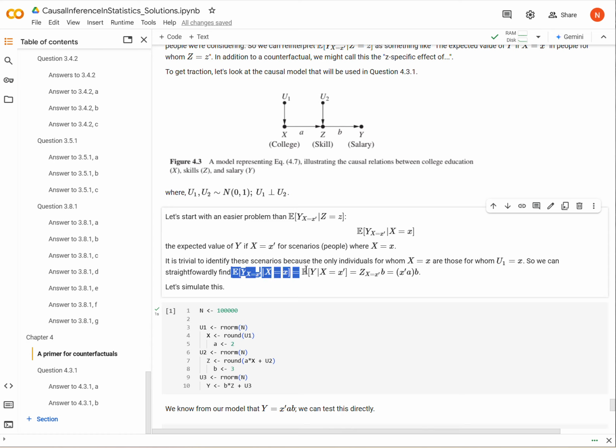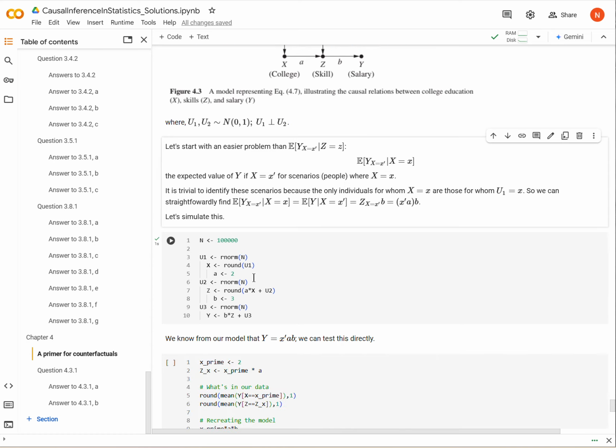So if we set x to x prime, we now have a new value of Z, and Z times b means that Y is x prime times a times b. That will give us the outcome for individuals in whom big X equals little x when we set x equal to x prime.